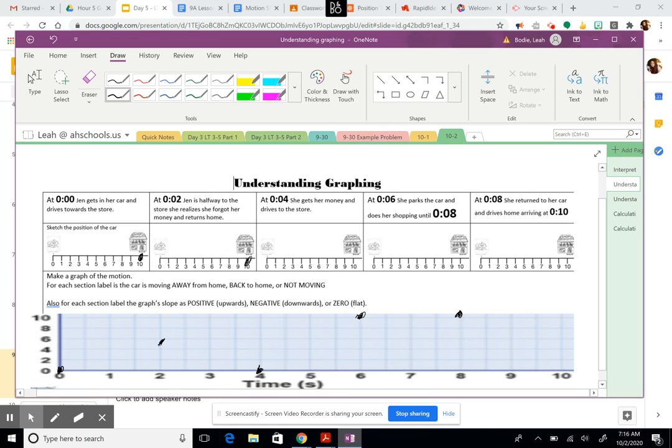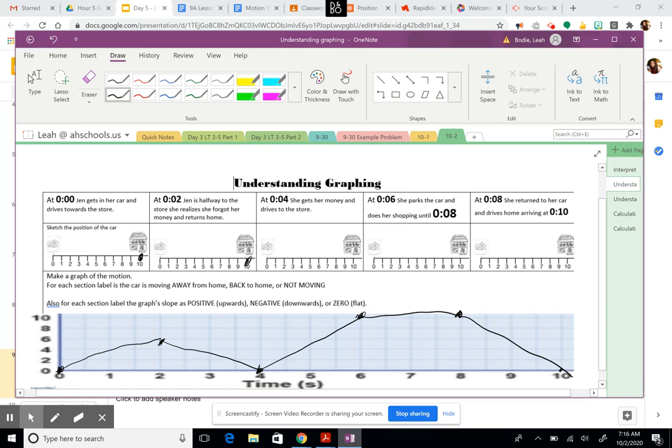She's still at 10 meters. And at 8 seconds, she returned to her car and drove home and got home at 10 seconds. So we know at 10 seconds, she made it home. So we can draw in our lines to make our graph. Here to here to here.